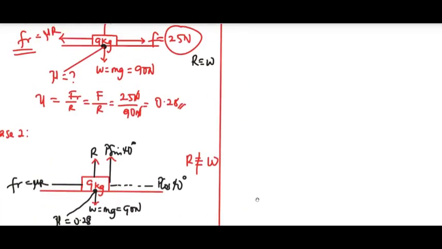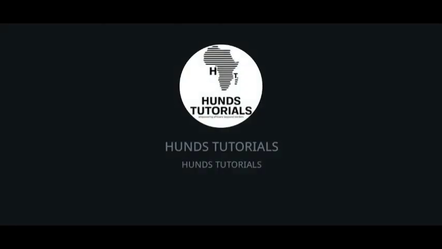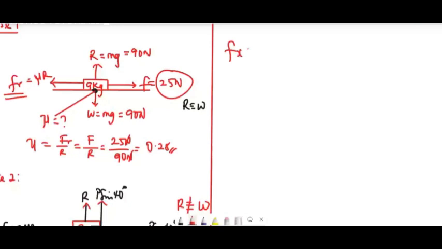The second part of the equation would be for Fx. I'm going to get that still from F equals ma. Now this is facing the side. This is dragging it this side, so it will be subtraction: P cos 40 degrees minus Fr, everything equal to ma, where the whole of this represents F. If that was the case, what is my cos 40?